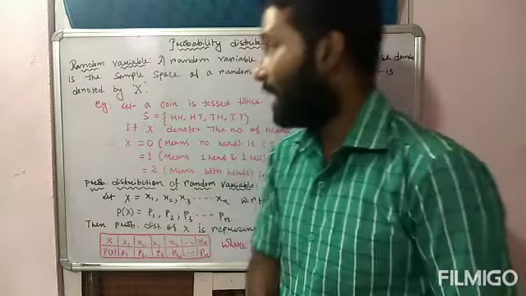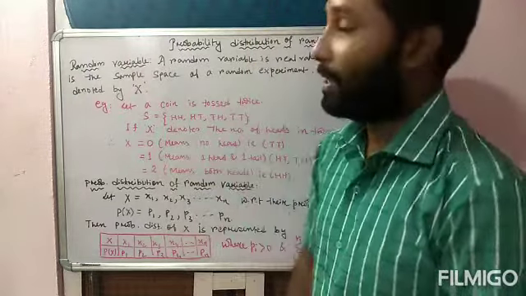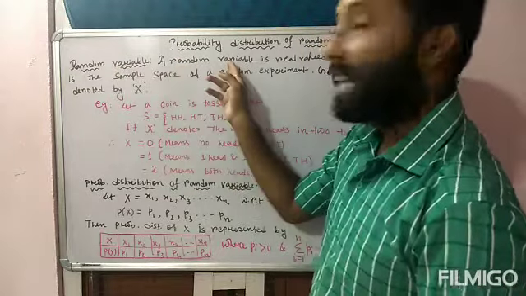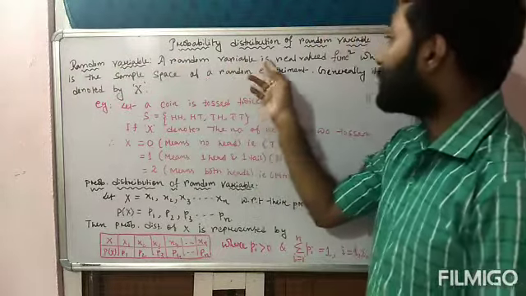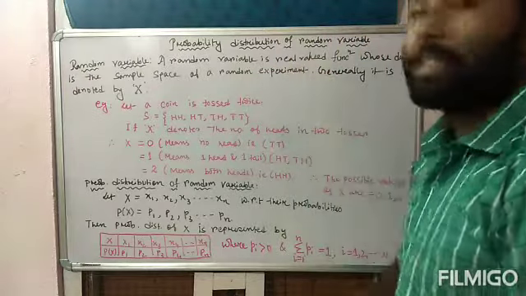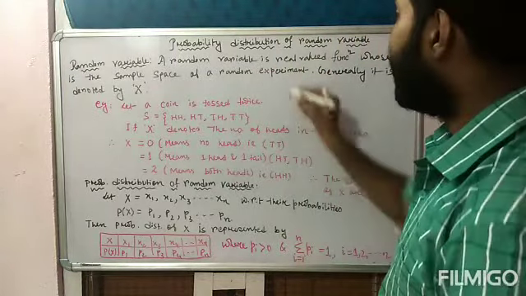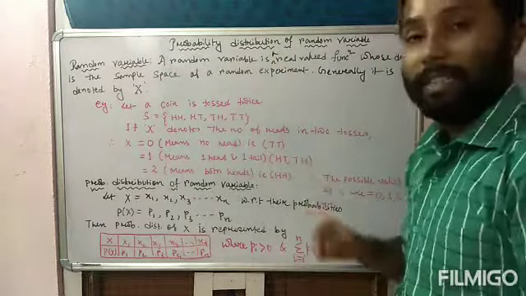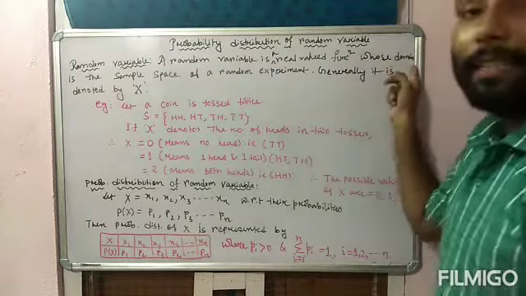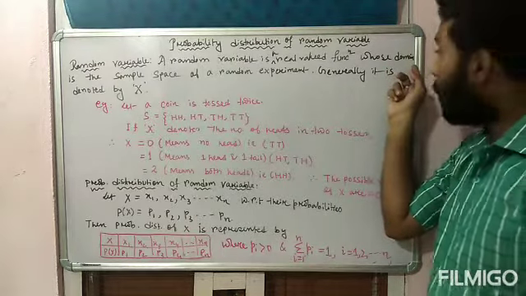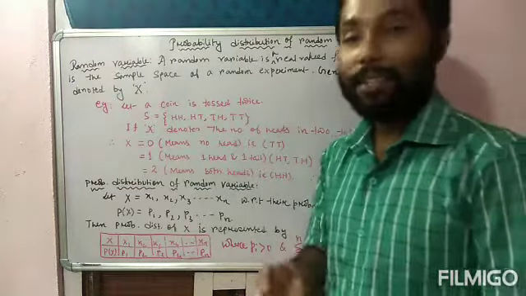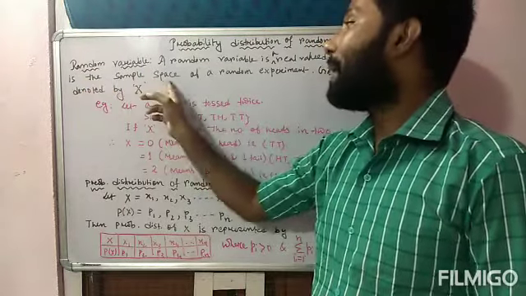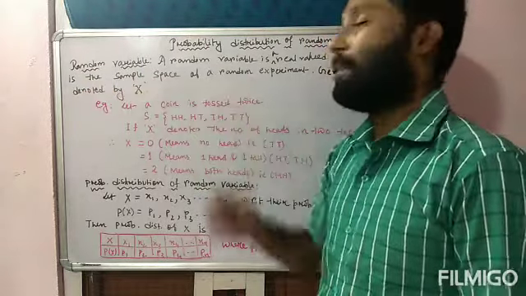Random variable क्या है, पहले वो definition में explain करूँगा. So random variable is what? A random variable is a real valued function whose domain, you all know the meaning of domain and range, whose domain is the sample space of a random experiment.